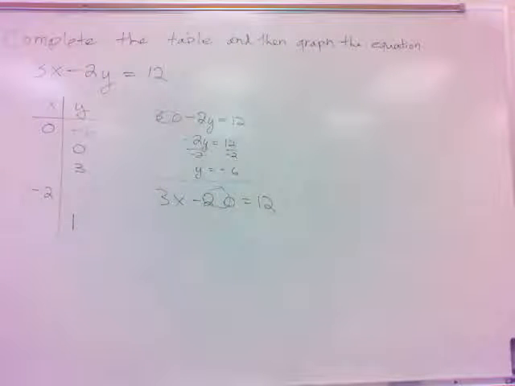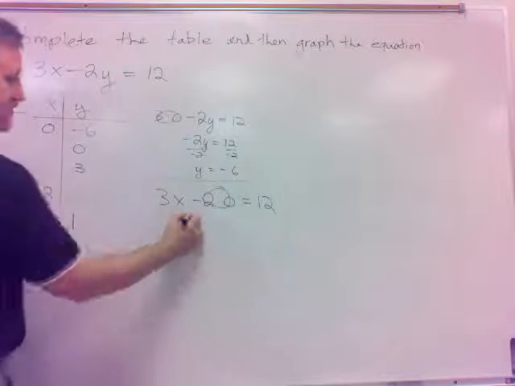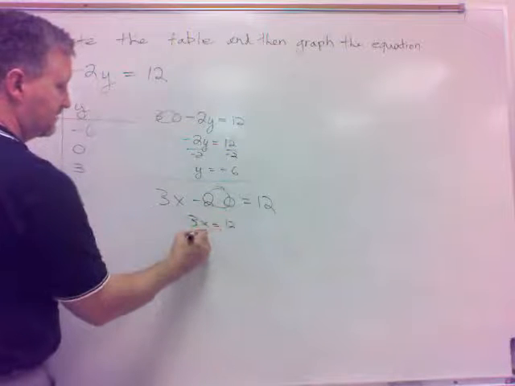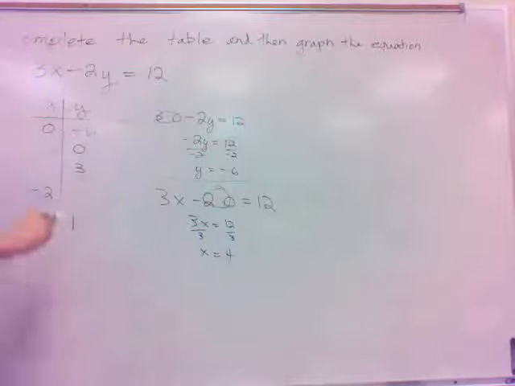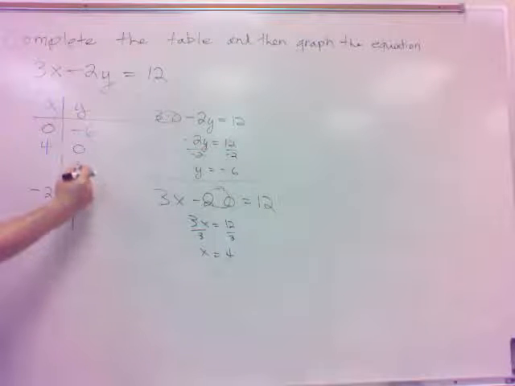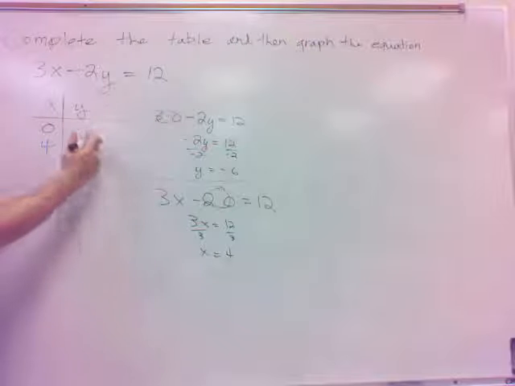So my equation in that case is just 3x equals 12. Divide by 3. Yeah, x is 4. And you get the drift there, right? So just go on down the line, and that'll give us several ordered pairs that we can work with.